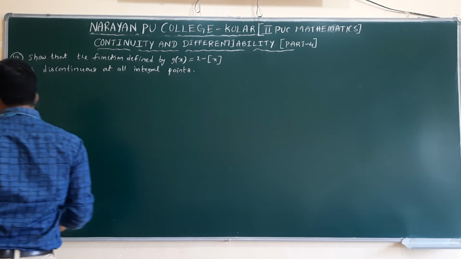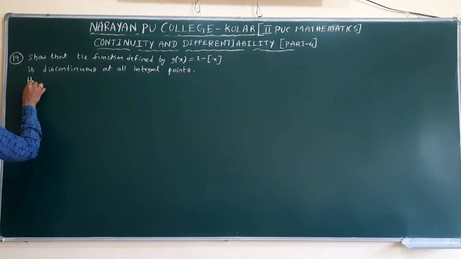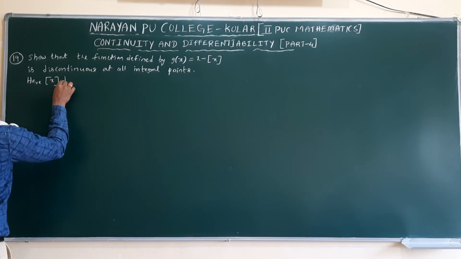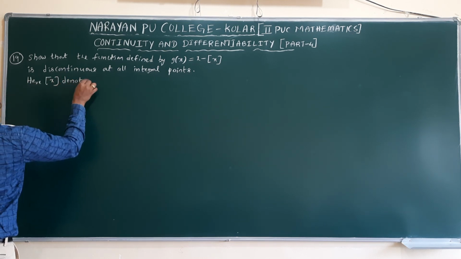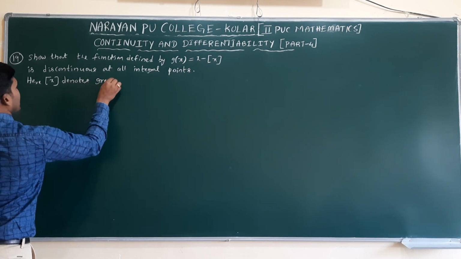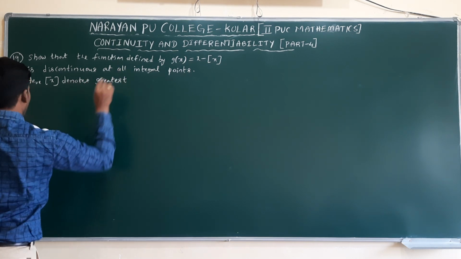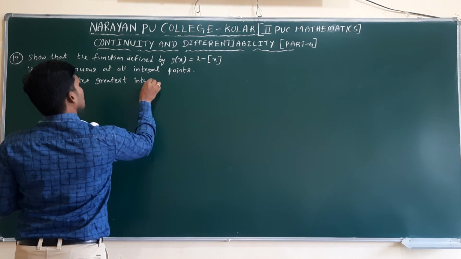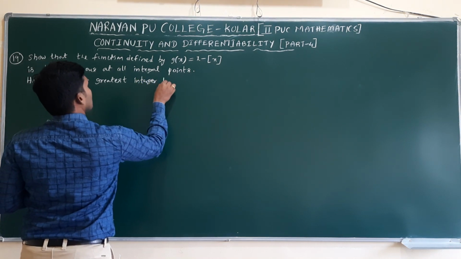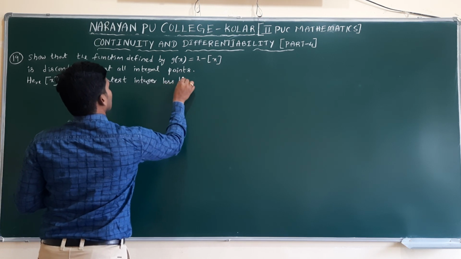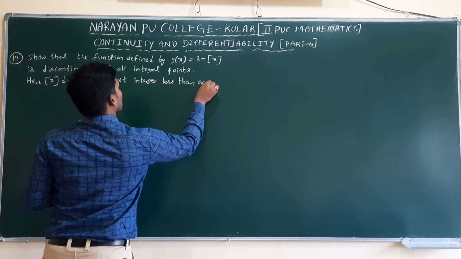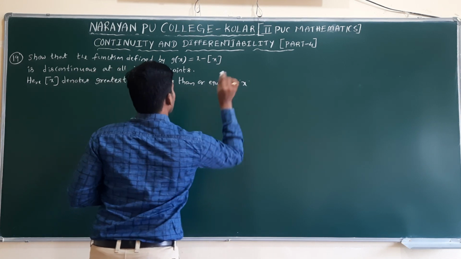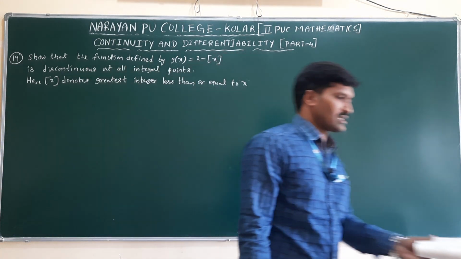Here [x] denotes the greatest integer less than or equal to x. That is the condition given.